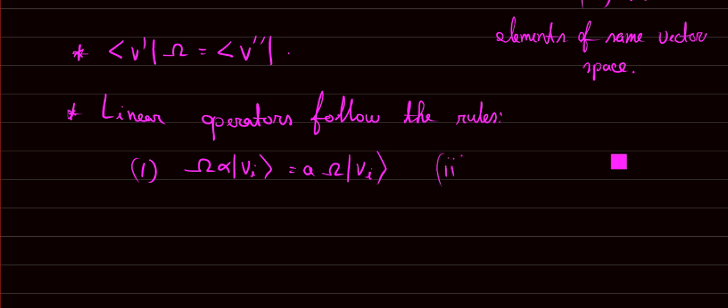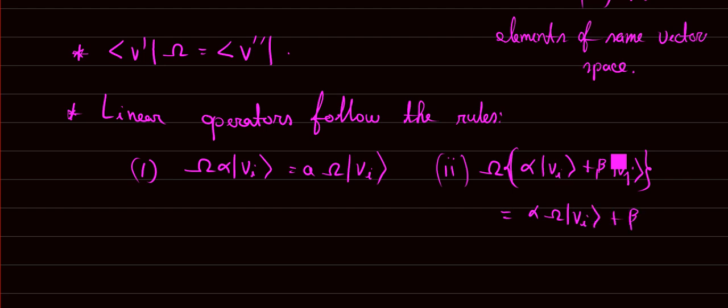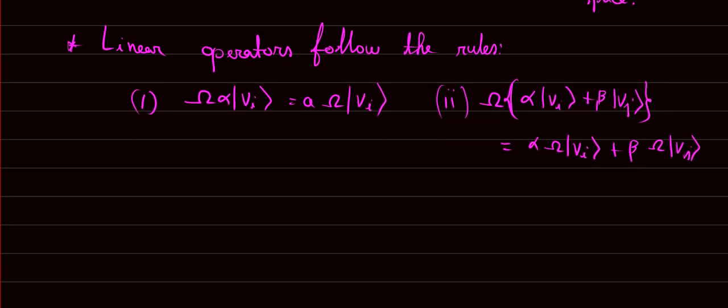Number two, if we have any linear combination, we can write this. This is for ket, and what will be the representation in bra vectors.